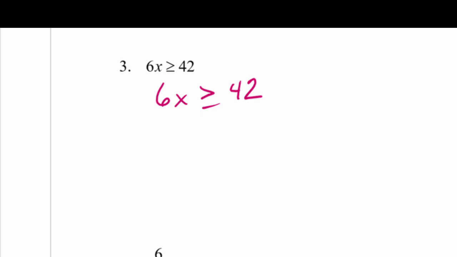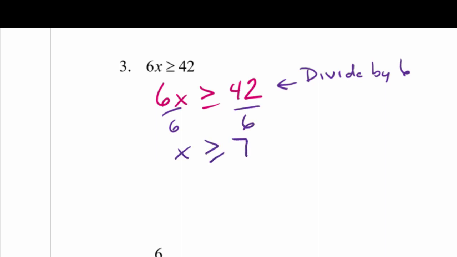So division by a positive number, both sides, does not reverse the symbol. So we just go ahead and divide both sides by positive 6 and we get x is greater than or equal to 7. So the solution to this inequality is going to have all of the numbers that are greater than or equal to 7.